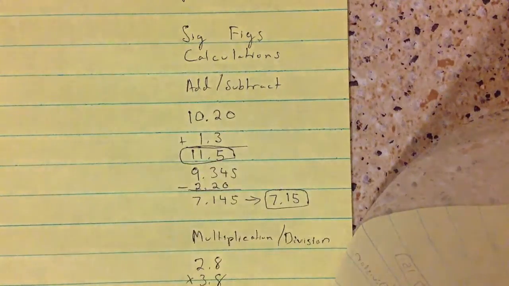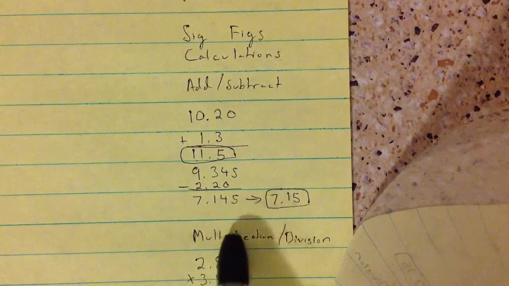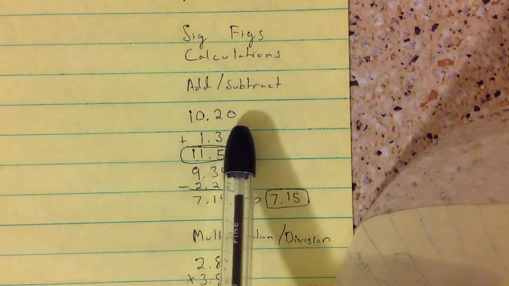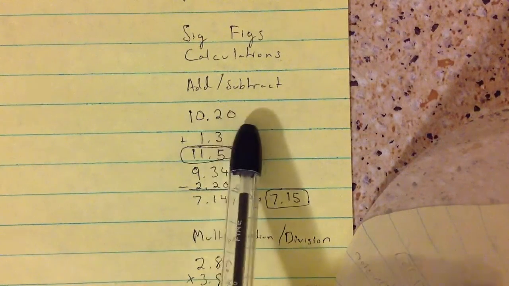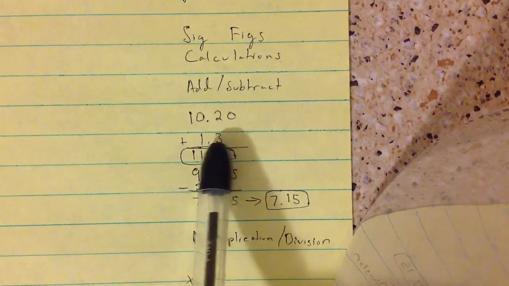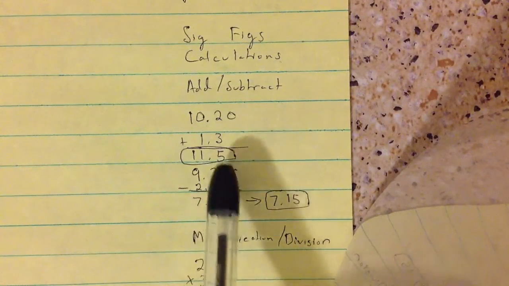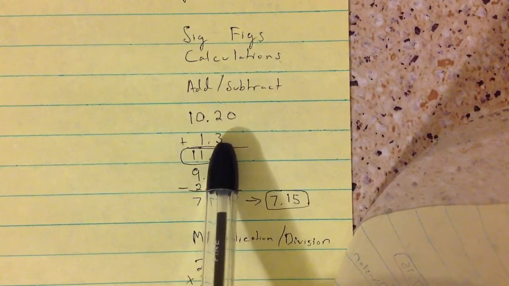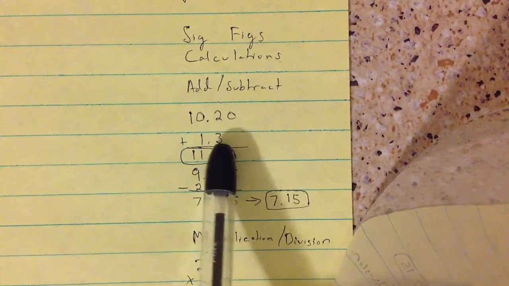But it's not for adding and subtracting. It doesn't deal with it. It deals with the numbers to the right. So that means that all addition and subtraction care about is that there's 2 numbers to the right of the decimal point and 1 number to the right of this decimal point. That means the final answer needs to have the least, meaning it needs to have only 1.